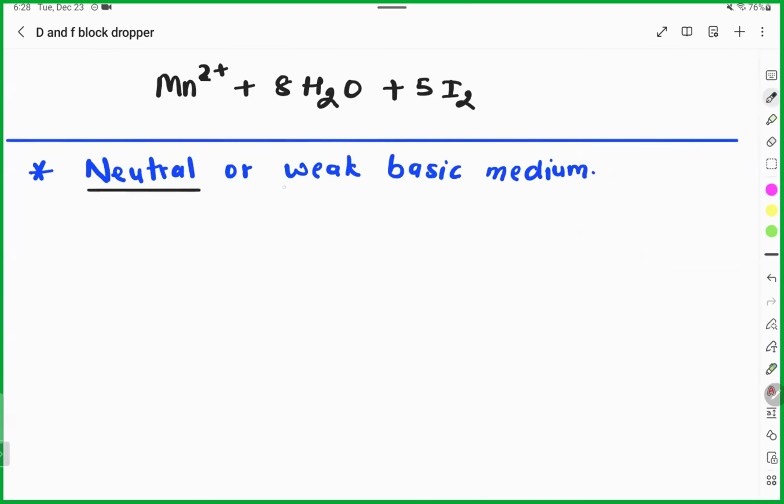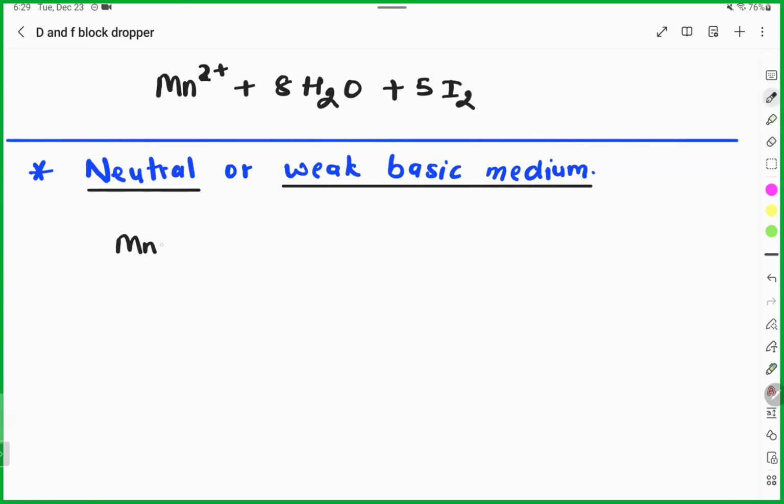Because acid was responsible for the gain of electrons. Acid was responsible for all the gain. Now you don't have acid. What will happen here? Mn⁷⁺ will convert into Mn⁴⁺. So what is the general reaction?